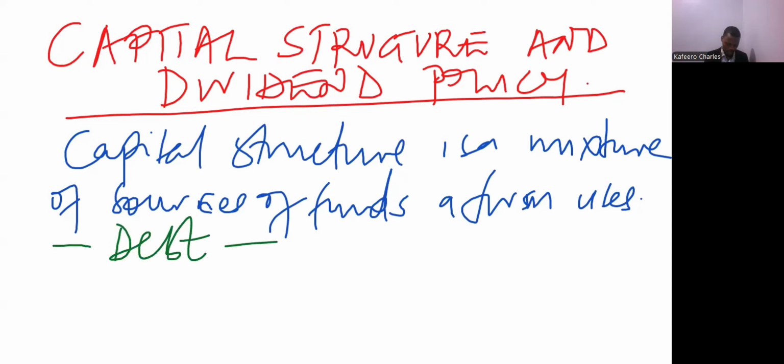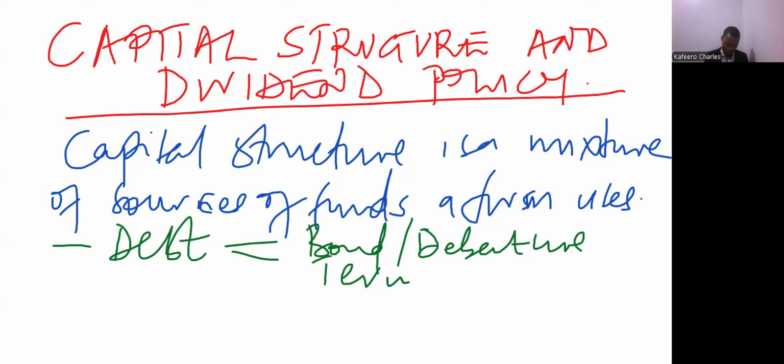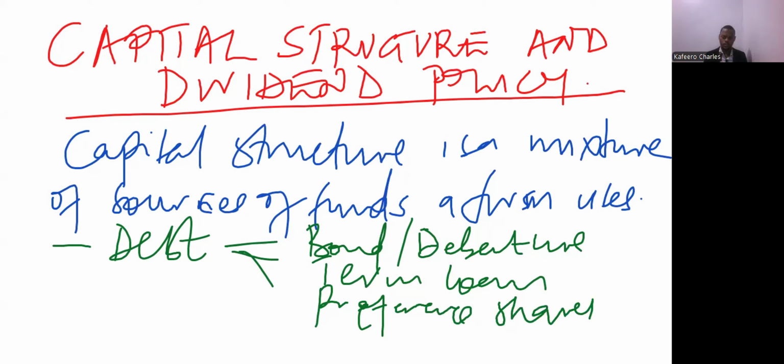When we talked about debt, we looked at bonds or debentures, term loans, and we also included preference shares. We said that preference share is debt from the legal point of view. We also said it could be debt or it could be equity. So in a business, you can be using a mixture of both debt and equity items.